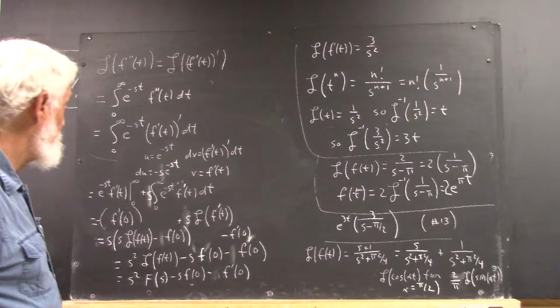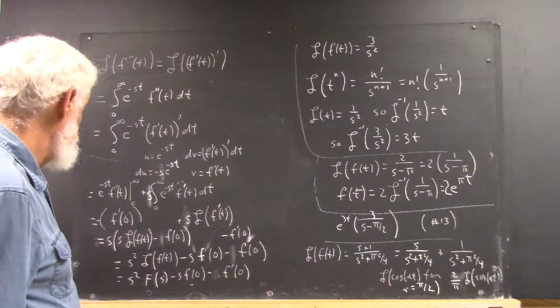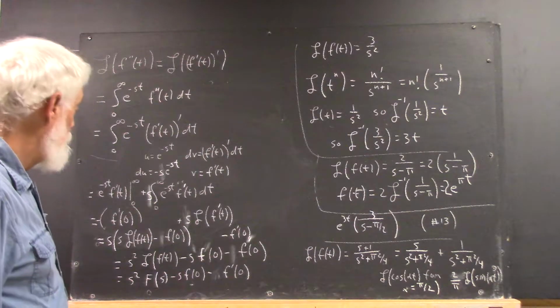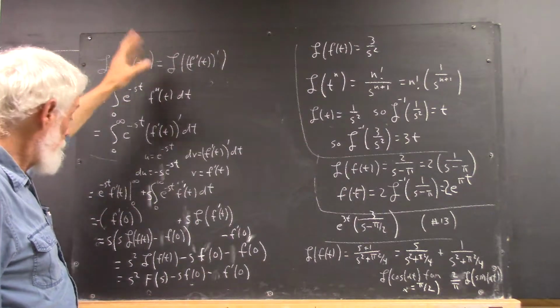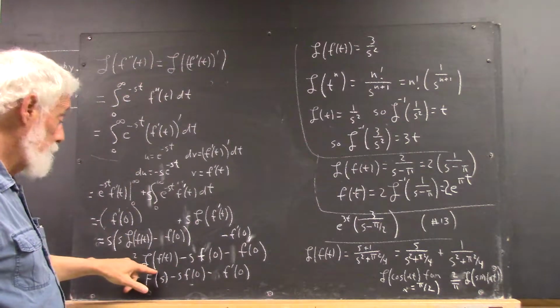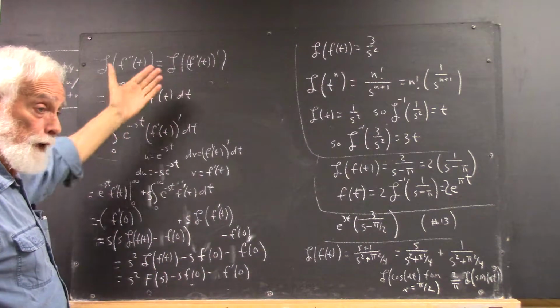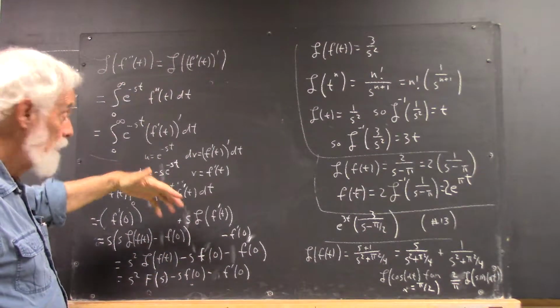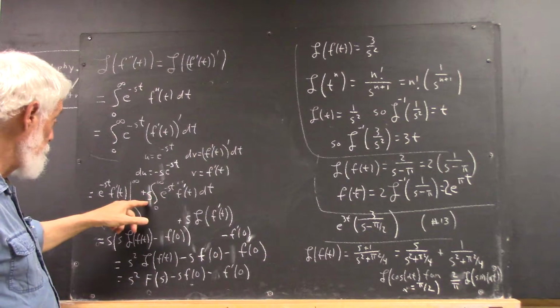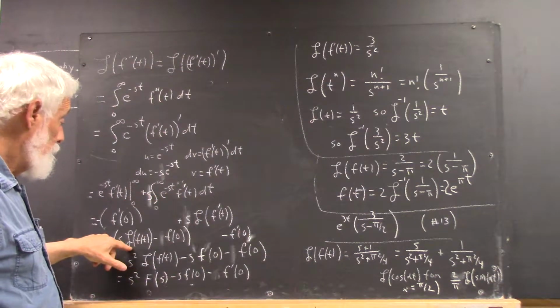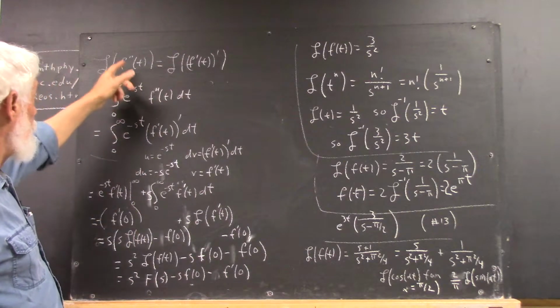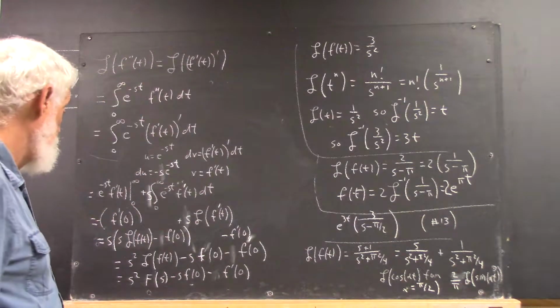So if you tried the third derivative, you would have an s cubed times the Laplace transform. You would have done 2 integrations by parts before you got to this, and each one would have given you an s. So you're going to have s to whatever number of derivatives you have here.